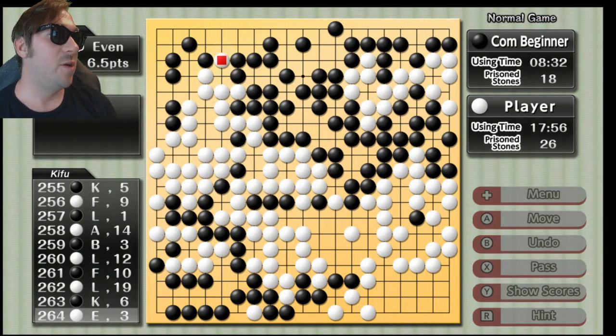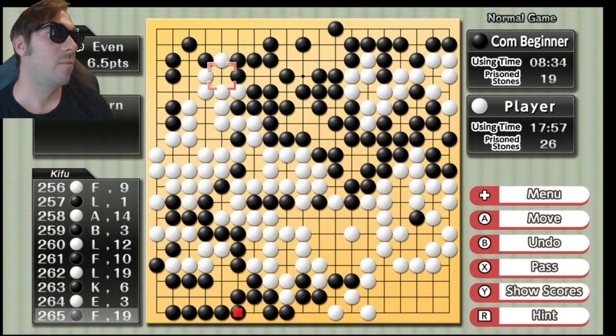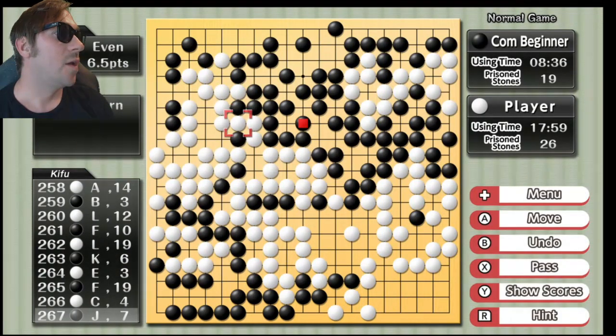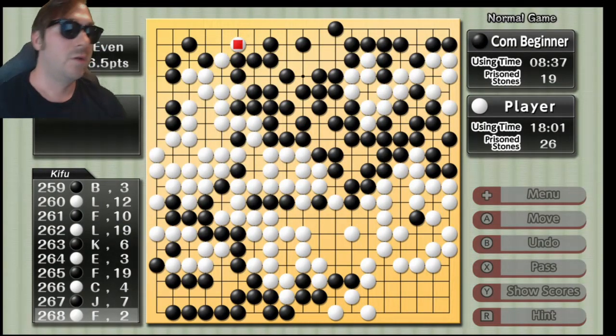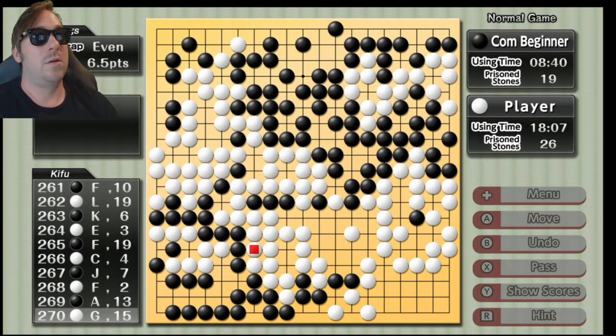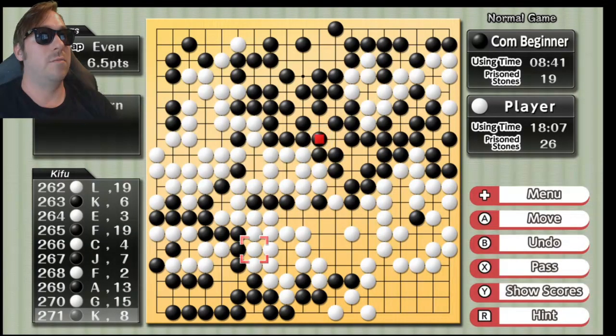But what we can do is I'll try to poke into each one of those as far as I can, because he's going to play into his own spot and eat up all of his own points. He doesn't kill.